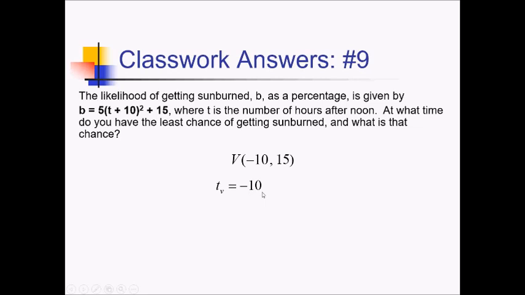So that's going to end up being, let's see here, 12 minus 10 would give us 2 a.m. So if you want to go out on the beach at 2 in the morning, I guess, you have very little chance of getting sunburned. And the actual chance of getting sunburned is going to be the output of the vertex, this 15. So that's a 15% chance of getting sunburned.